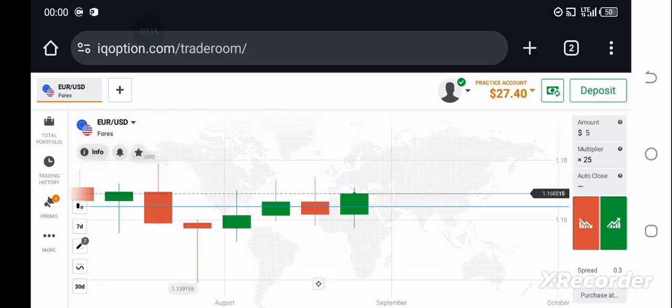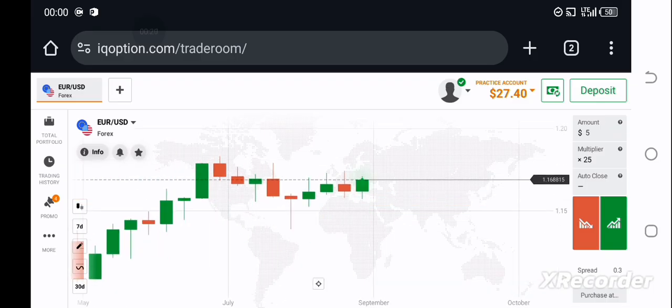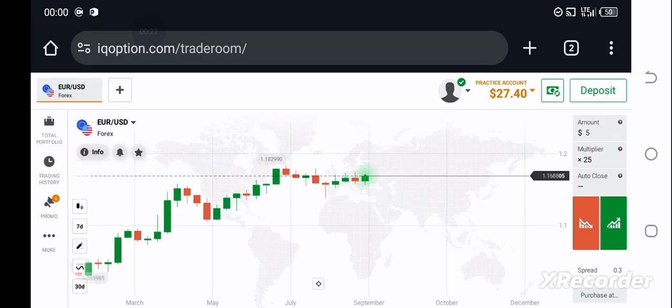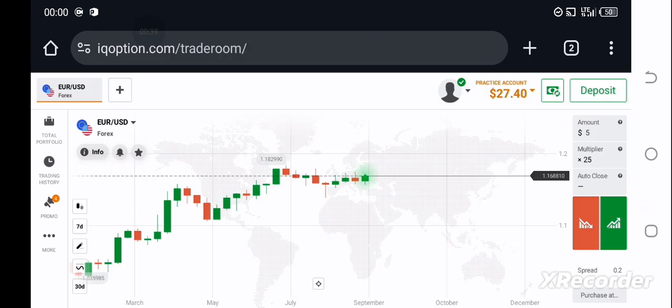Here signifies sell, and you already know the red is always sell, the green is always for buy. You can see red is going down, green is going up. Those are the two buttons you will be making use of.